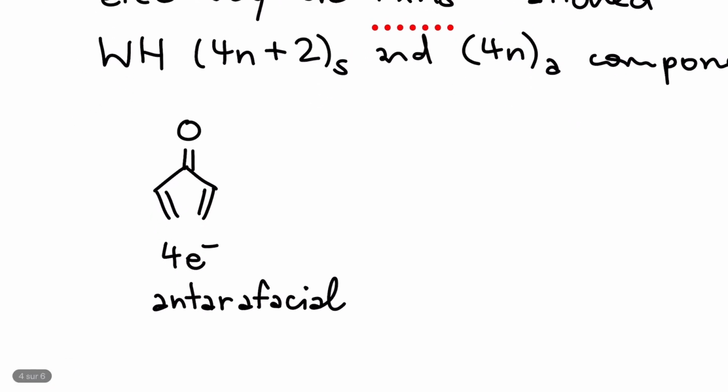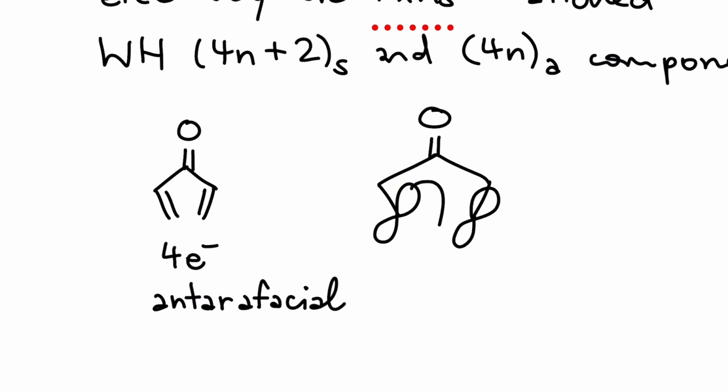When you draw an antarafacial orbital, it's going to be something like this. I'm just going to draw it like that, and then you have the orbitals. When you say antarafacial, it means the orbitals line up with opposite lobes. Antara means opposite, so it's going to be something like this.